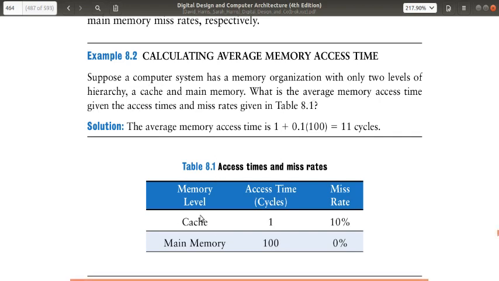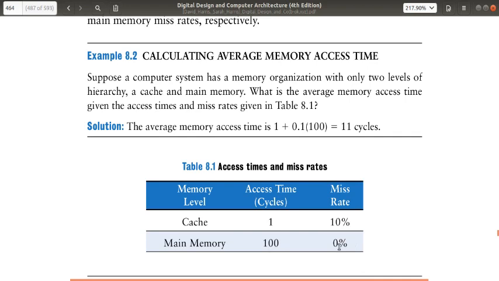For cache, the access time is 1 cycle and the miss rate is 10%. That is, for every 10 searches, 1 will be a miss and 9 will be a hit. The main memory access time is 100 cycles, but the miss rate is 0.